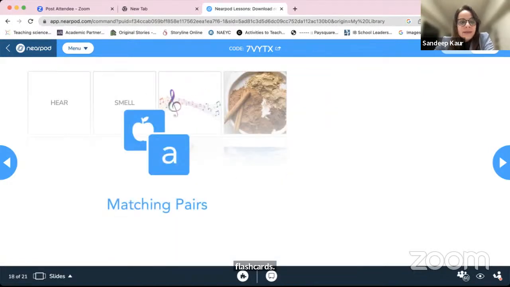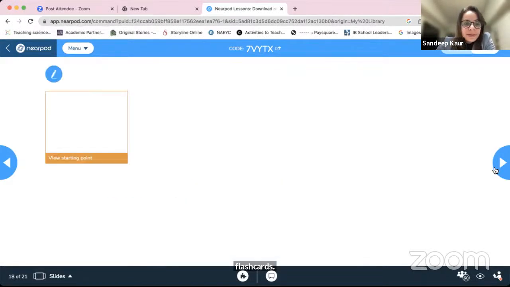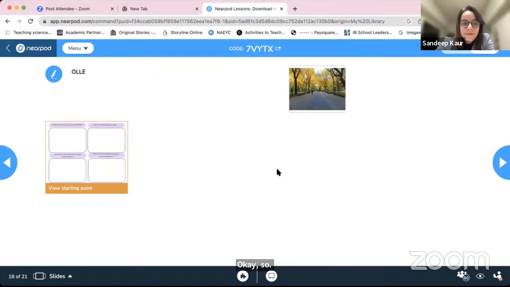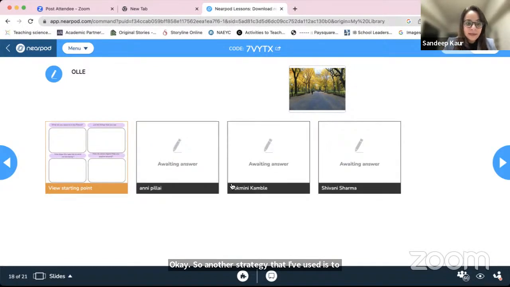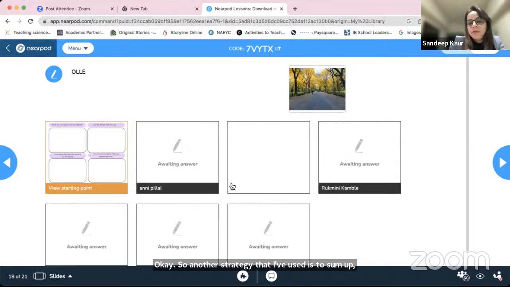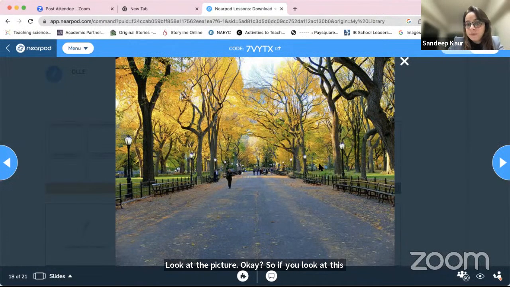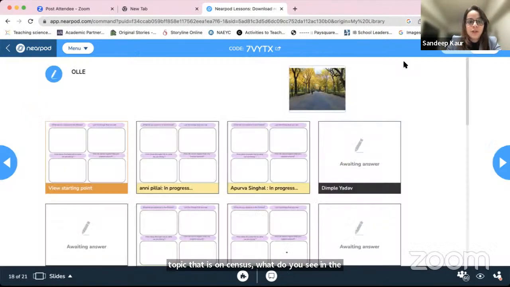Okay. So another strategy that I've used to sum up everything is OLI, which says to look at the picture. So if you look at this picture here, again focusing on your observational skills and something that is related to our unit or our topic on senses: what do you see in the picture? What do you observe?